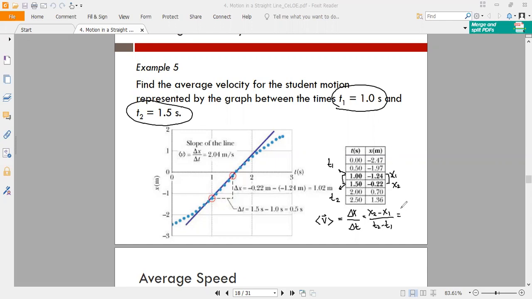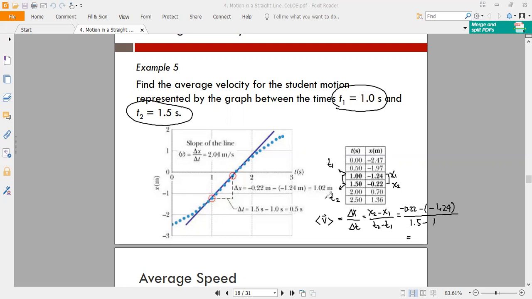So x2 is minus 0.22 minus x1, which is minus 1.24, over 1.5 minus 1, right?